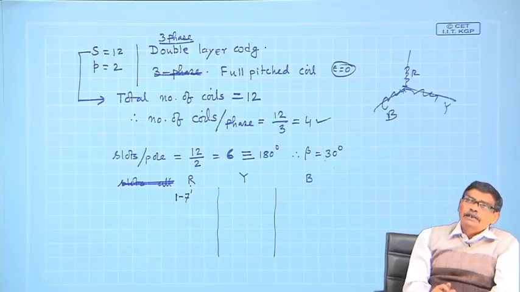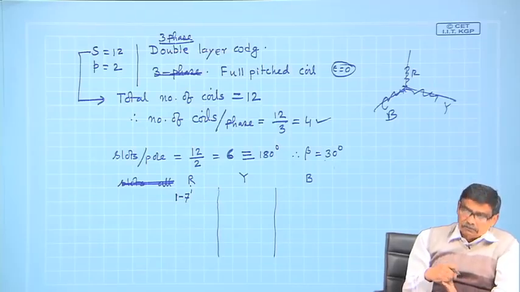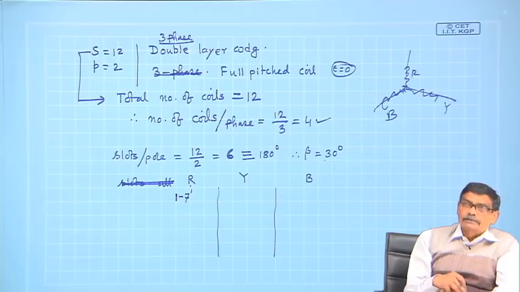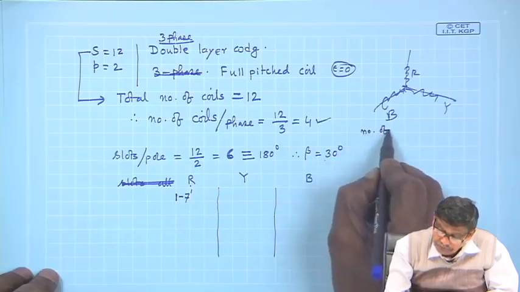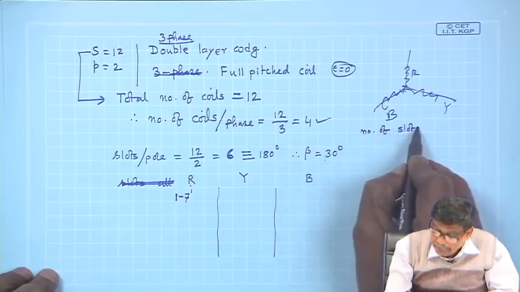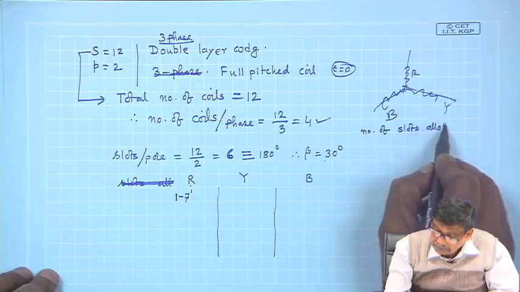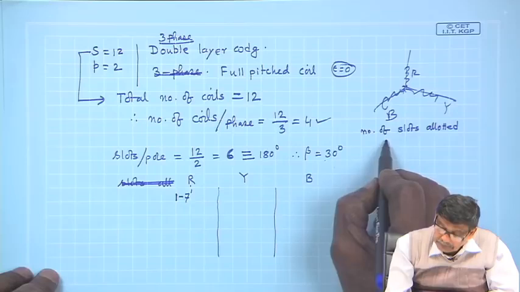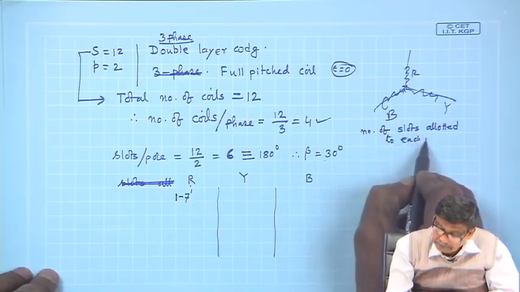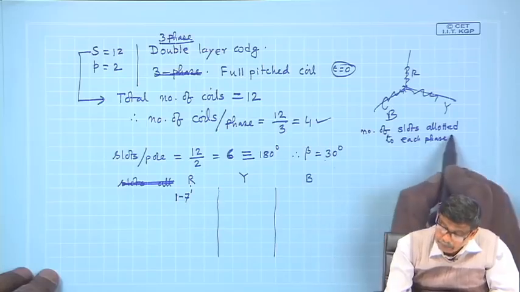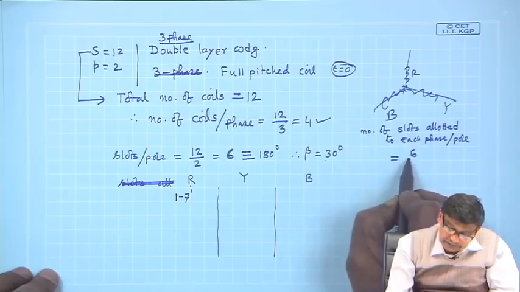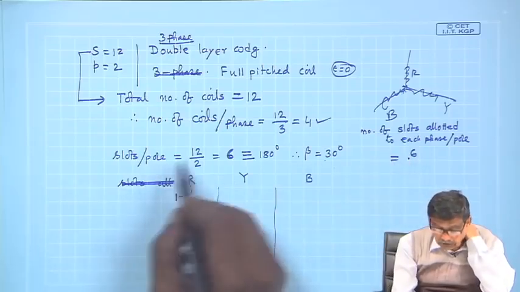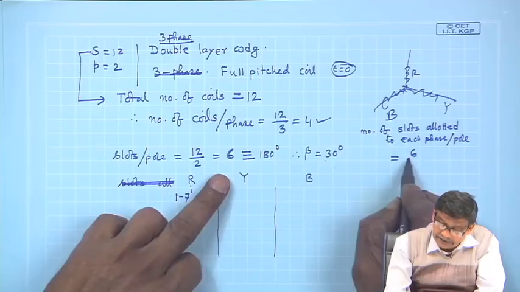Now, I will be using distributed coils, with the number of slots allotted to each phase per pole equal to slots per pole, 6 by 3, that is 2.